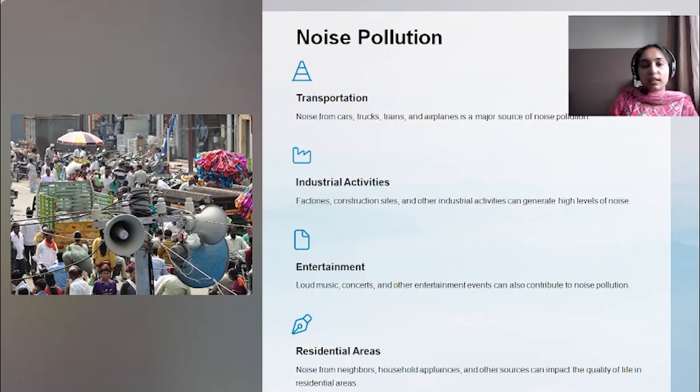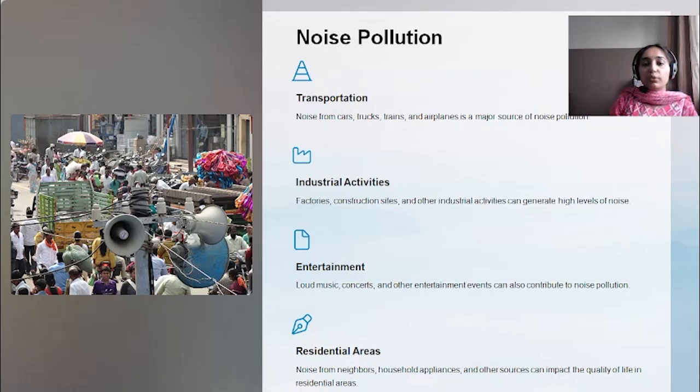Next is entertainment. Loud music, concerts, and other entertainment events can also contribute to noise pollution. When music comes out from speakers or amplifiers, it is loud in nature, with the capacity of more than 60 decibels, which cannot be acceptable.